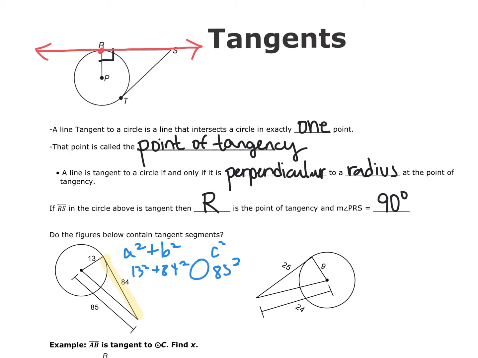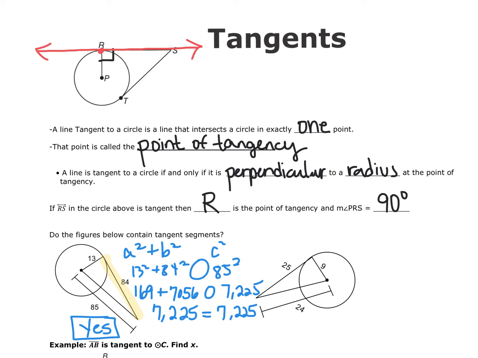We compare those, and if it's equal, then we will have a right triangle. 13 squared is 169, 84 squared is 7,056, and 85 squared is 7,225. Let's add these together, and it does equal 7,225. Therefore, a squared plus b squared does equal c squared, and we have a right triangle. So yes, it does have a tangent.